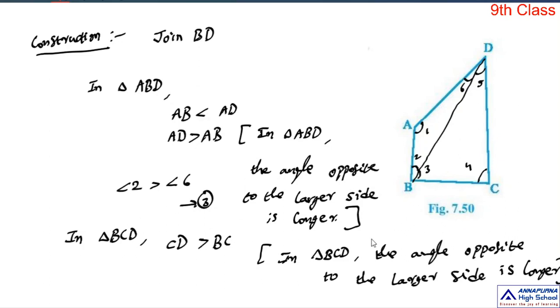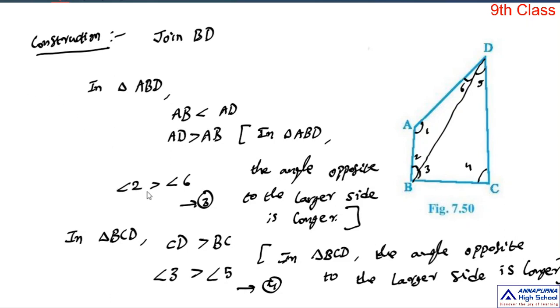So the angle opposite to side CD, angle 3, is greater than the angle opposite to side BC, angle 5. If CD is greater than BC, then angle 3 is greater than angle 5. This is the fourth inequality.